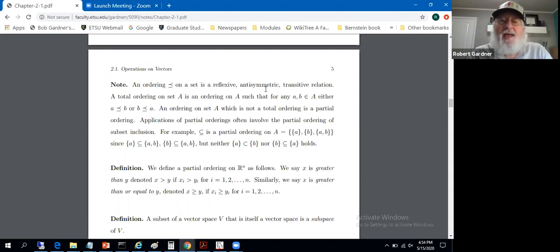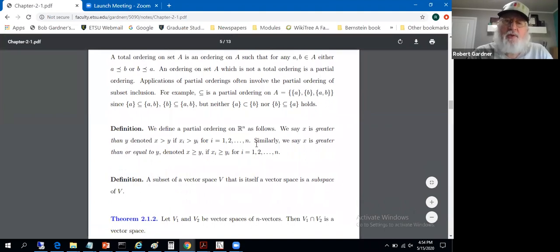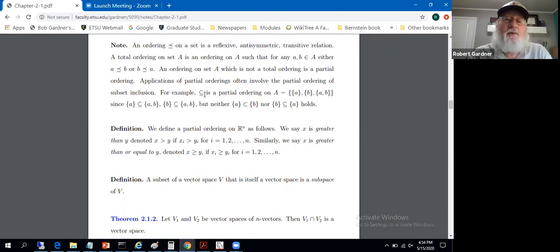So we get this anti-symmetry satisfied. It's common to use set inclusion to introduce partial orderings, and it becomes partial because of the non-comparability. I can have subsets where neither one is a superset of the other. They might overlap. Here they don't. They might be disjoint, but I might not have one as a subset of the other. So they're not comparable under such an ordering.